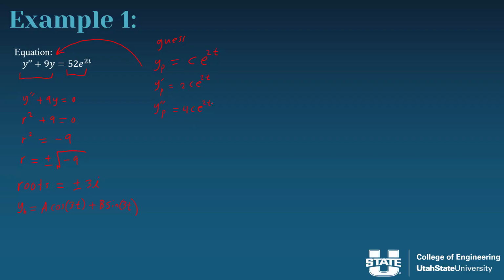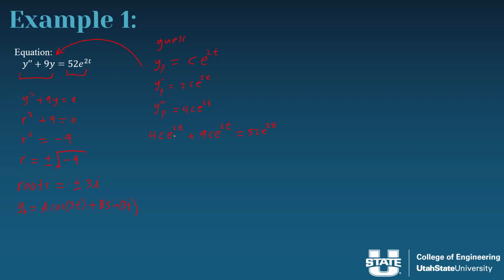Now let's substitute these values in, and let's go from there. So we're going to have this 4c e to the 2t plus 9 times c e to the 2t is equal to 52 e to the 2t.